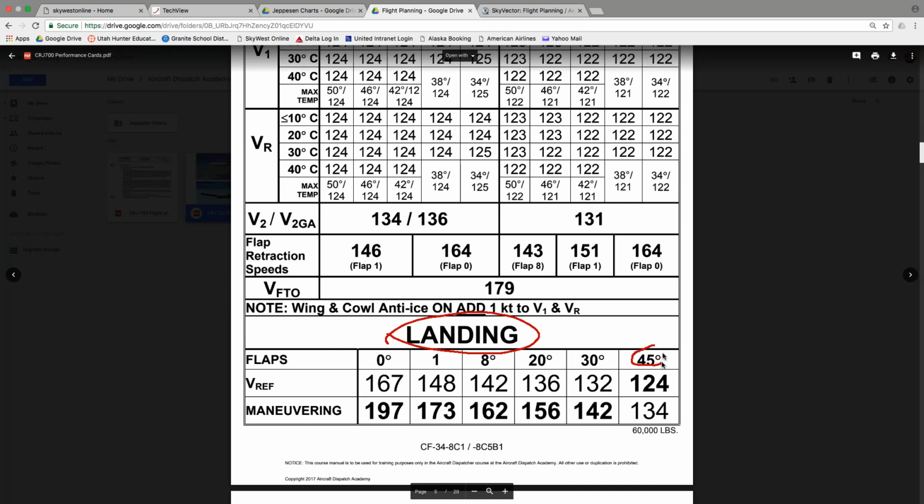We're always landing at flaps 45, right? Is it the 124 or 134 on our landing? I can't remember now, all of a sudden. 124 or 134 on our landing speed. I believe the VREF. So 124.